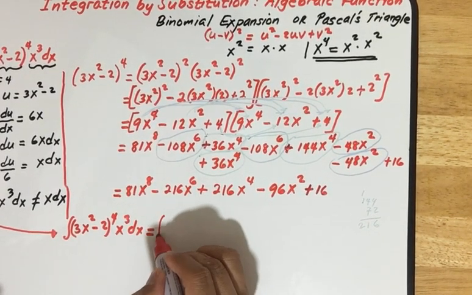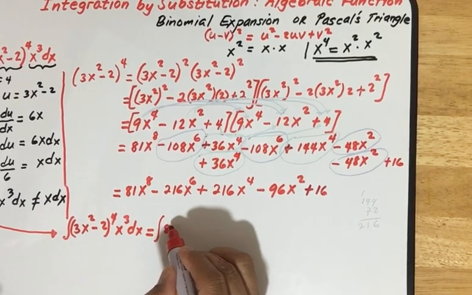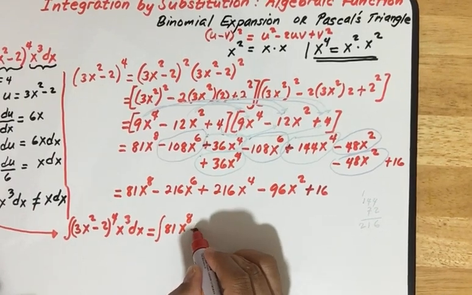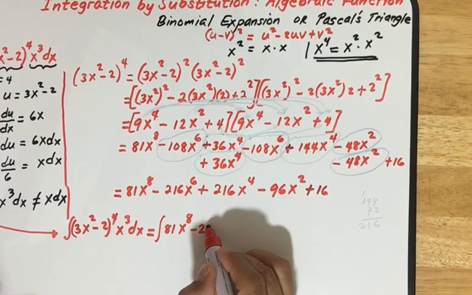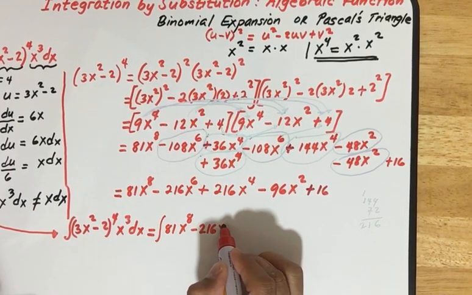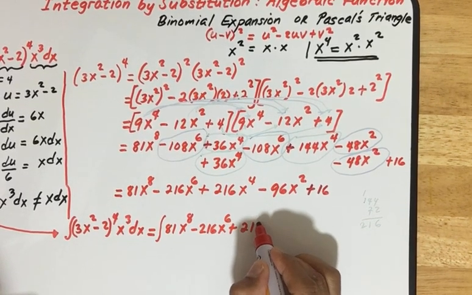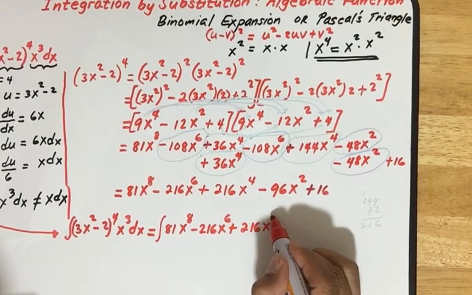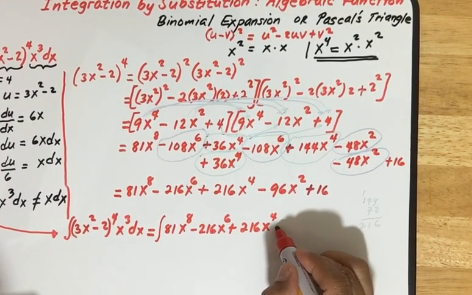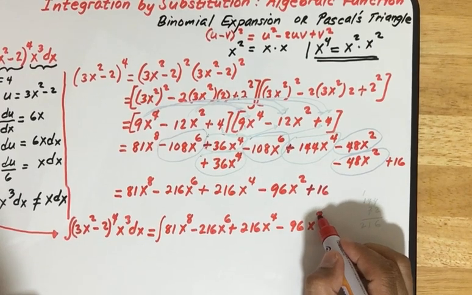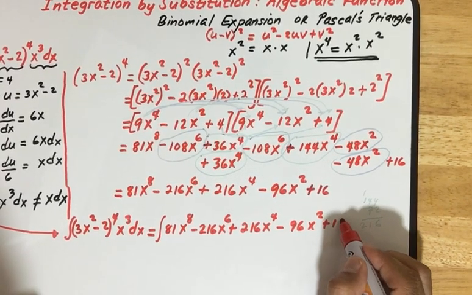The integral of 81x^8 - 216x^6 + 216x^4 - 96x^2 + 16.